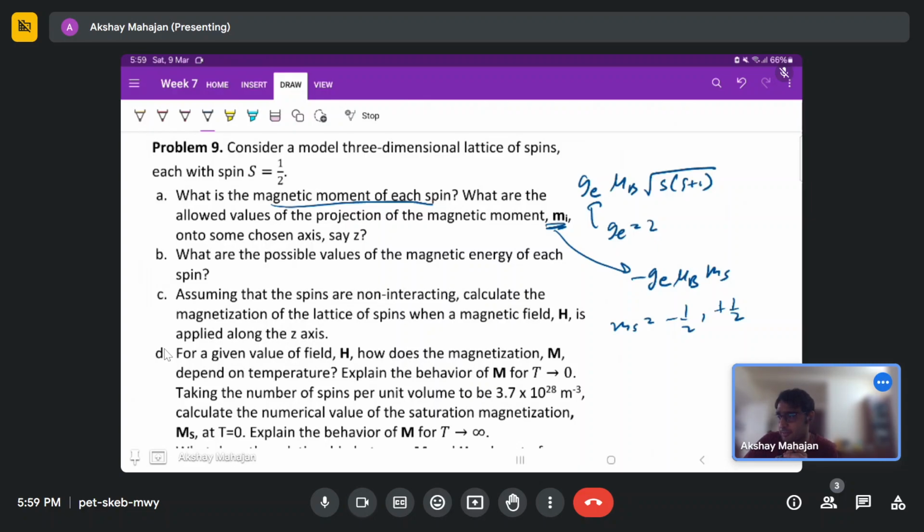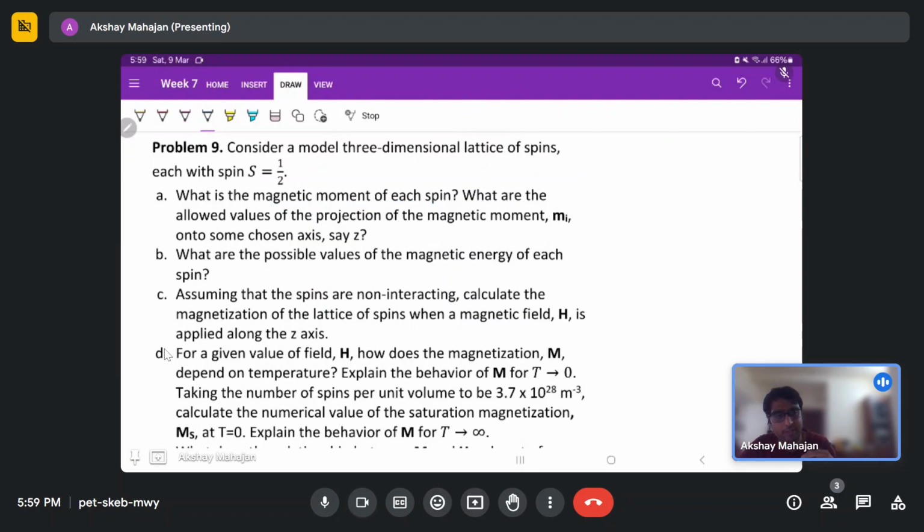Then the next part asks what the possible values of the magnetic energy of each spin are. This also we have done. Whatever we have done in this question, we have actually done in all the sessions; basically this involves all the problems combined. In part B, it asks what the possible values of the magnetic energy are.